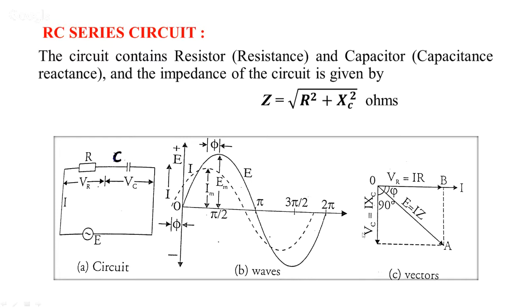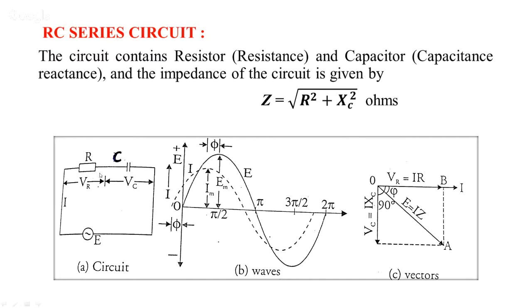And the voltage across the capacitor is given by I into XC, where I is the current in the circuit and XC is the capacitive reactance of the capacitor.